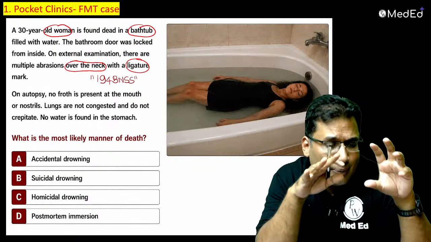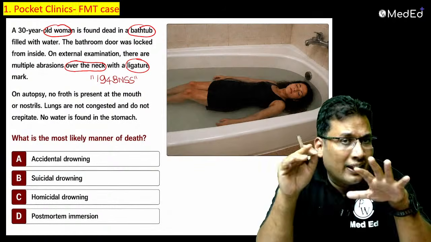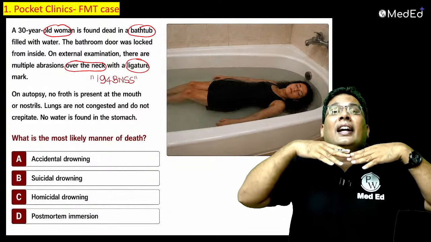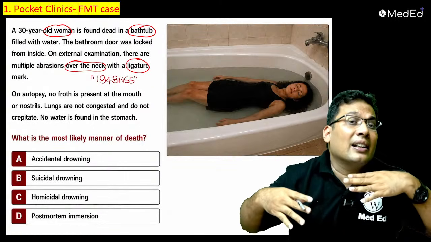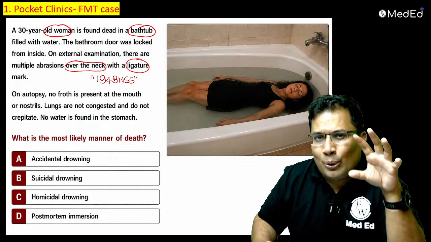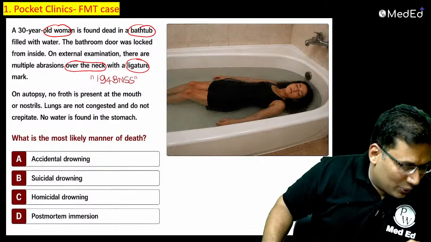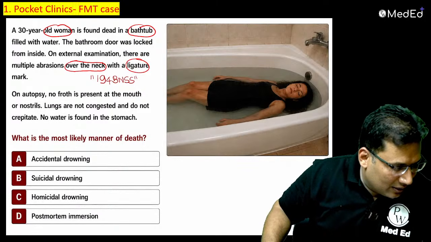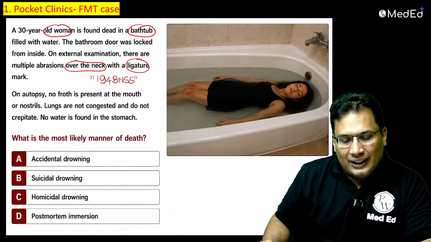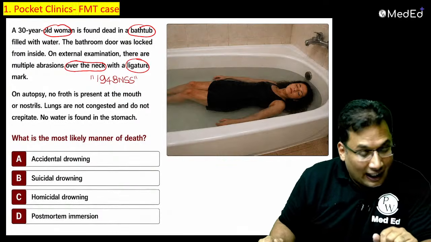During post-mortem examination: no froth, no congestion, no petechial hemorrhages, no cyanosis, and there is a clearly visible horizontal ligature mark at the neck. What is the most probable diagnosis in this pocket forensic medicine case? Try, guys, come on. Someone says the answer is C, homicidal drowning. Okay, accidental drowning, Narayan says accidental.